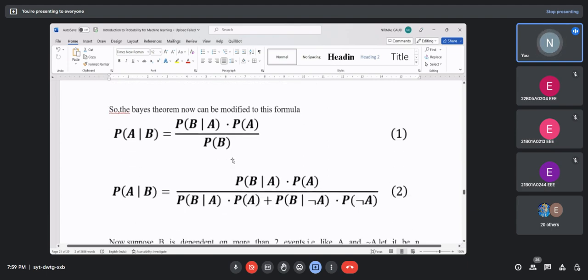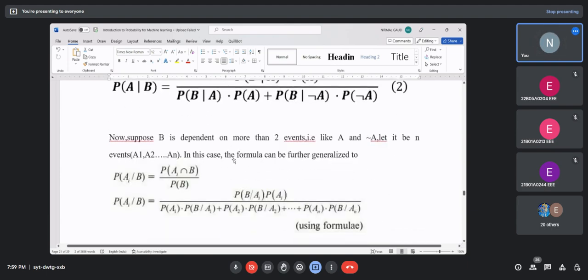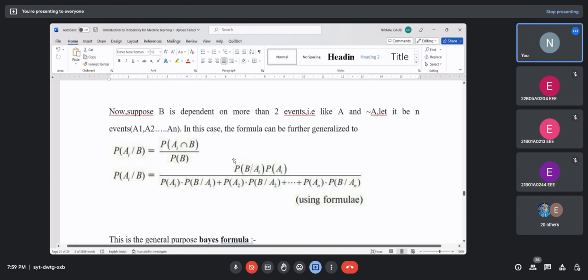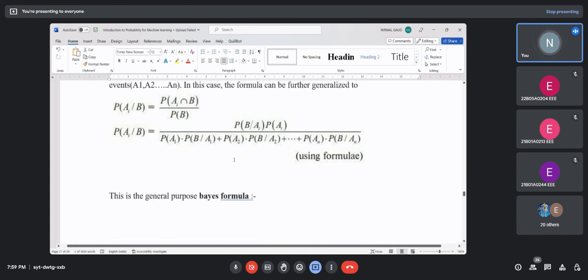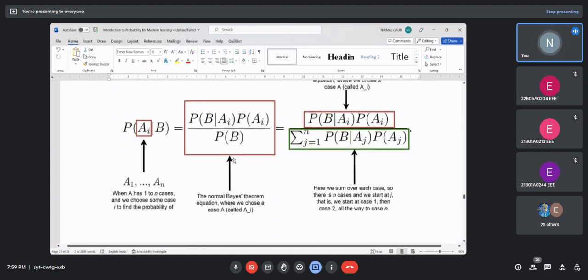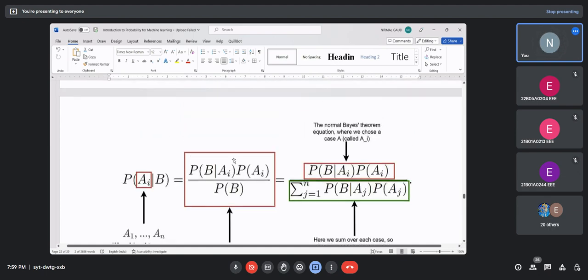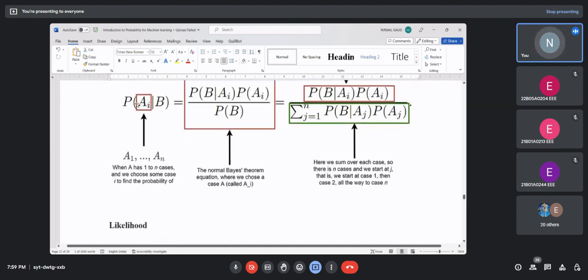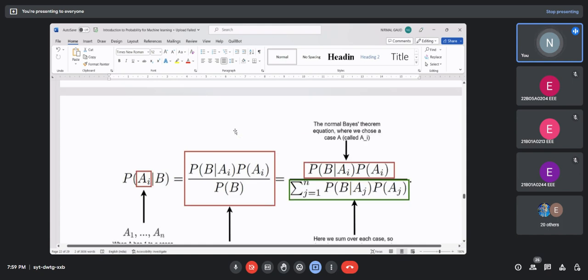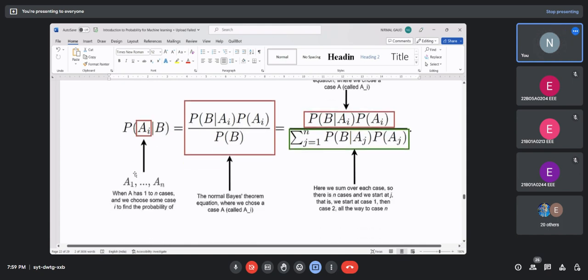Let us have a general purpose formula for the Bayes theorem. Here it is. For P(A_i), A has 1 to n cases. We can choose some of the cases to find the probability, it's up to you.